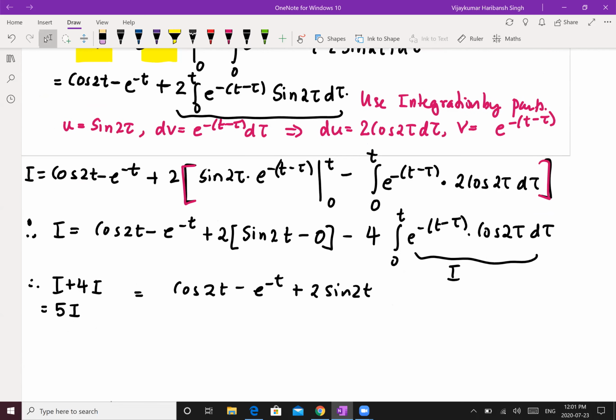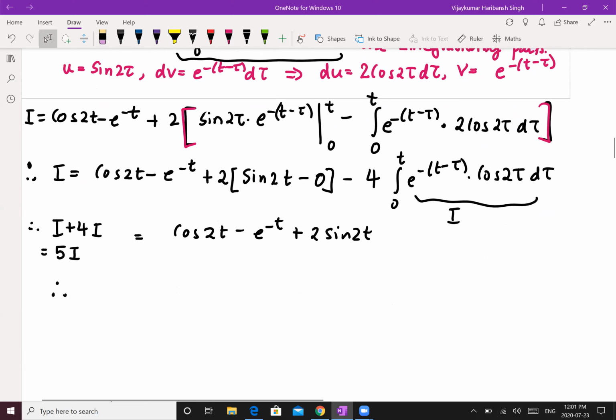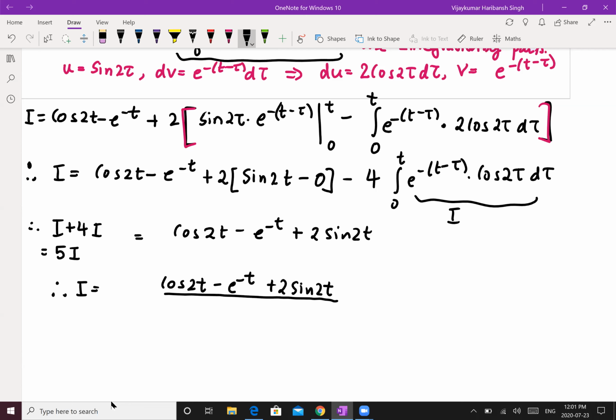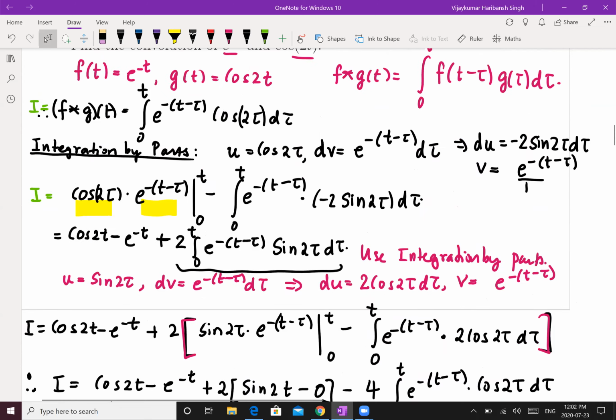So therefore, I is equal to cos of 2t minus e to the power minus t plus 2 sine 2t, the whole divided by 5. And that's the answer. Okay, so this is how the convolution of e to the power minus t and cos 2t is.